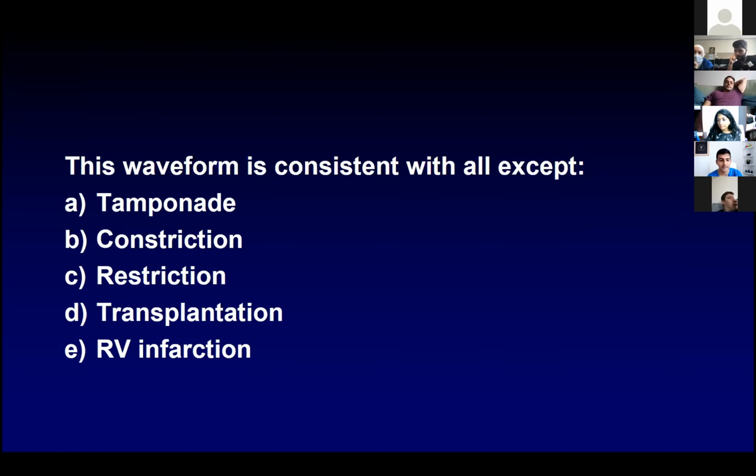Dr. Singhvi, this is Brett. Why would we see an exaggerated variation? Because it's a closed compartment, based on Pascal's law, it should be equal pressure in all the chambers. Why do we get exaggerated variation of the RA waveform? So that happens basically because with inspiration, you have an increased venous return. There's a couple of components.